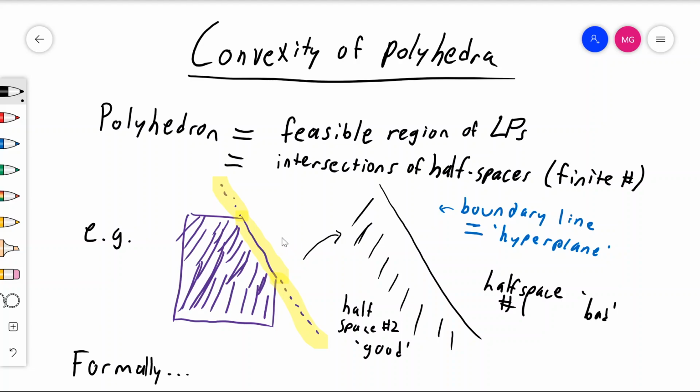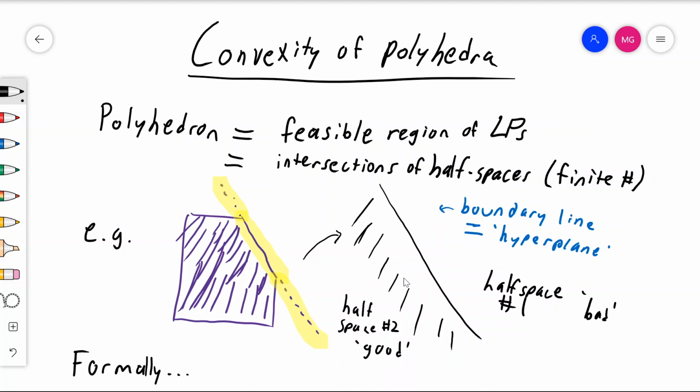You have a line and then it splits space into two halves. There's the good half of space and the bad half of space. The bad half is the set of points that don't satisfy the constraint, and the good half is the set of points that do.